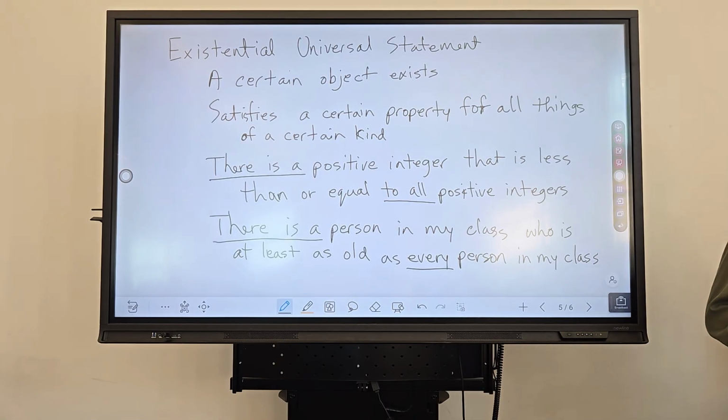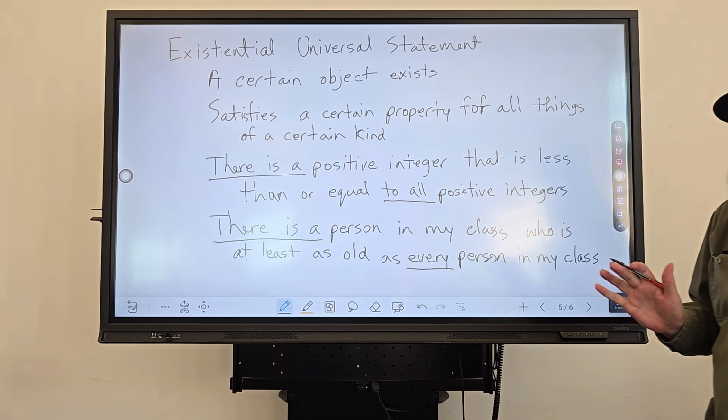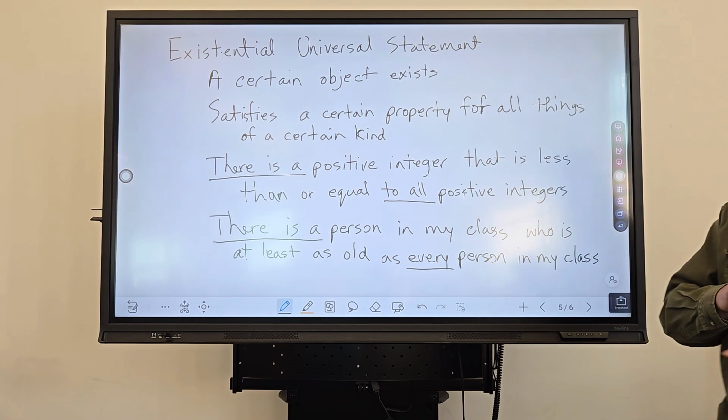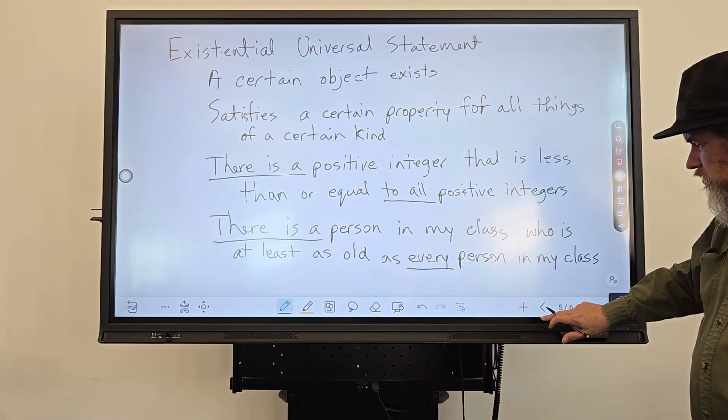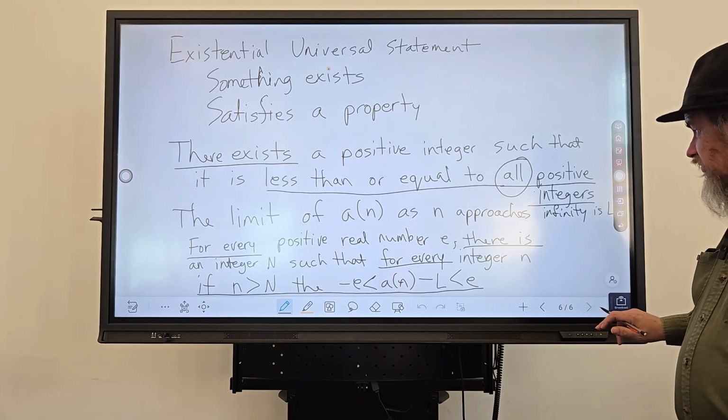I'm going to finish up with a little bit more complex one. Everybody remember Calc 1? Off the top of your head, you know it like the back of your hand? Have nightmares about it?